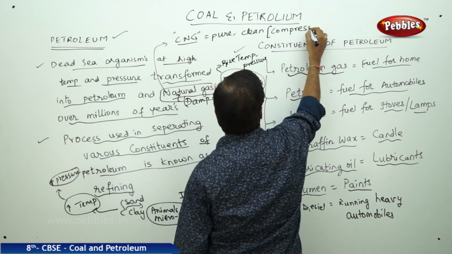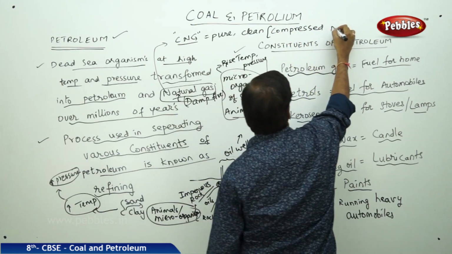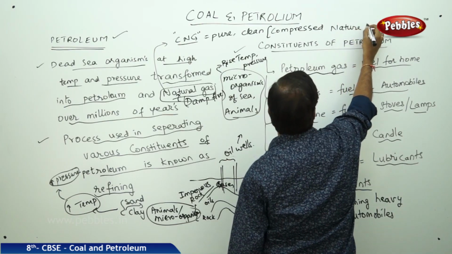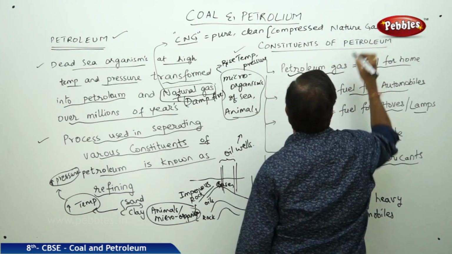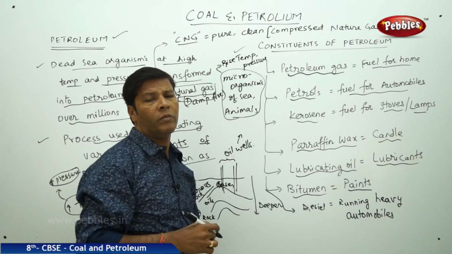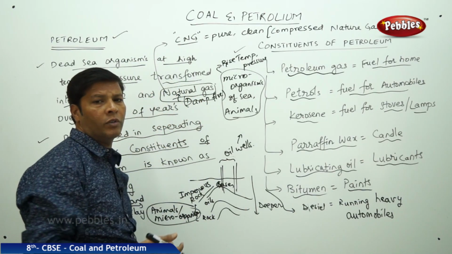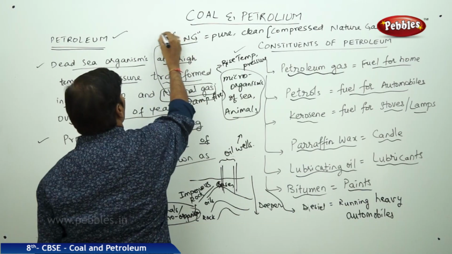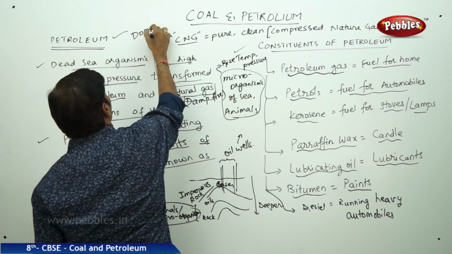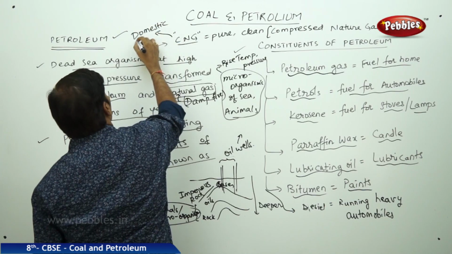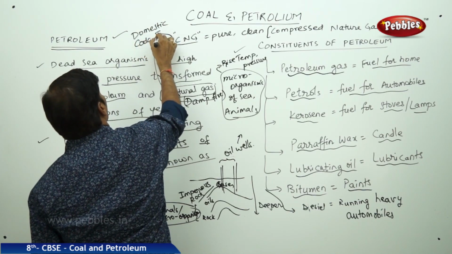It is called compressed natural gas. Compressed natural gas mainly contains methane, and apart from that other hydrocarbons like butane and propane are also present, so it can be used for domestic cooking.